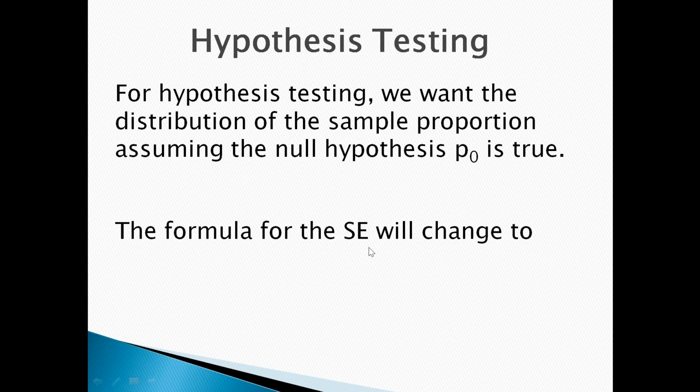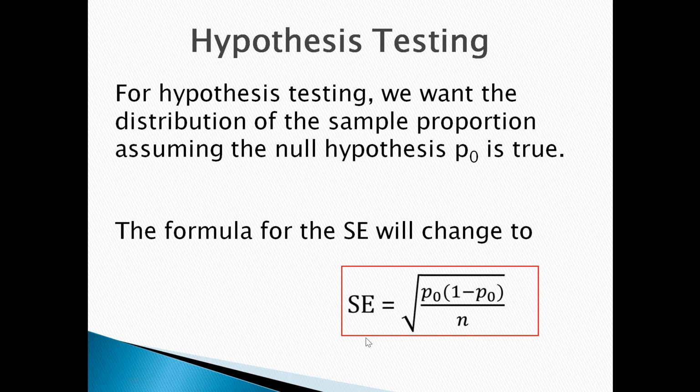However, if you're doing a problem that deals with hypothesis testing or finding evidence, then your SE formula will become this one. Notice how instead of p hat, now I'm using p0, which is the value of the null hypothesis. So make sure you distinguish between the two standard errors. Make sure you write them down so you know which one to use when the question is presented.